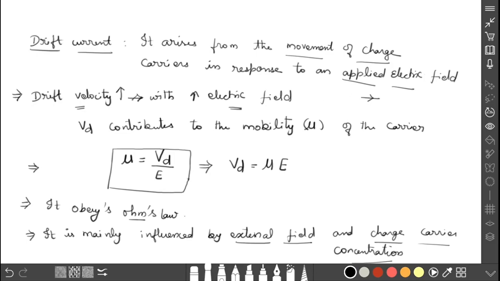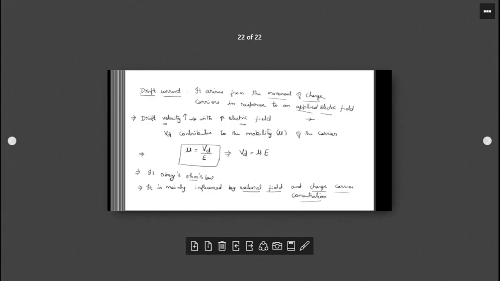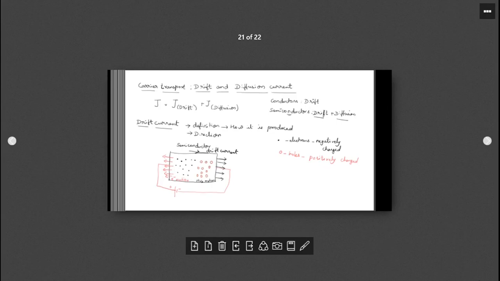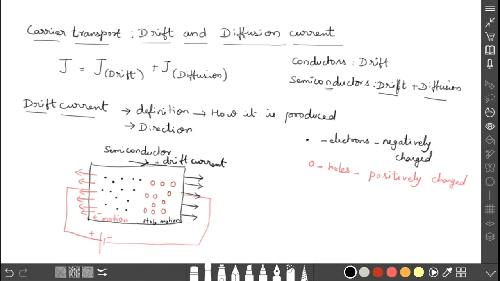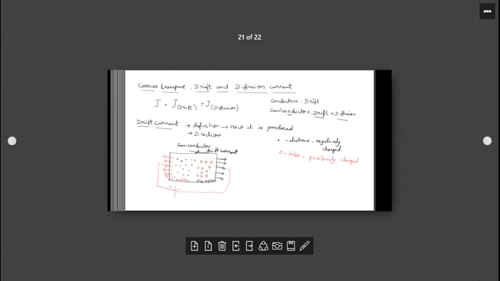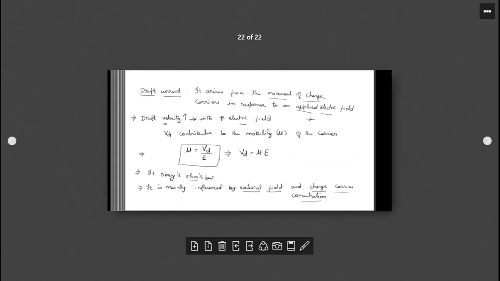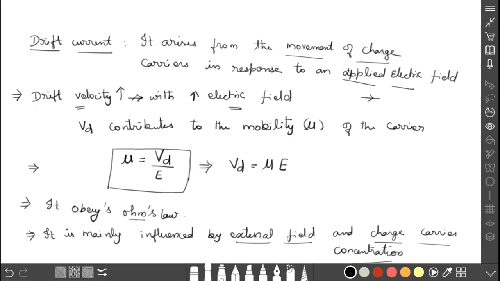So what is drift current? The drift current is produced by the application of an external electric field. We discussed the direction of electron motion and hole motion. The definition: drift current arises from the movement of charge carriers in response to an applied electric field.